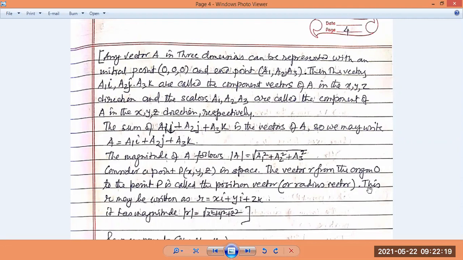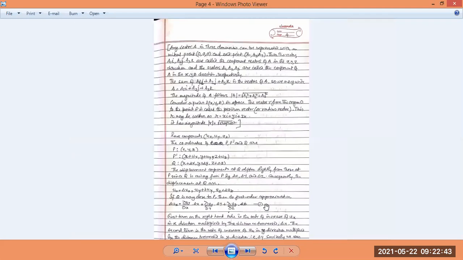Or you can say the radius vector if we use the vector r directly. So this r is written as xi plus yj plus zk, and its magnitude is the square root of x squared plus y squared plus z squared. This portion is applicable to our present work itself.